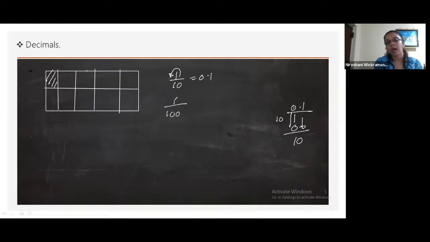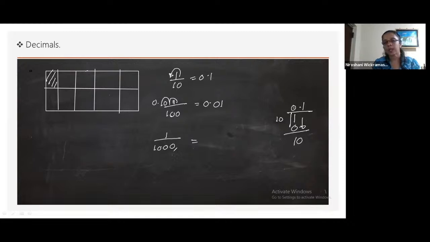The denominator 100 means 2 zeros. According to the number of zeros, you can move the decimal place 2 places back. You can keep the decimal here now. It means 0.01.